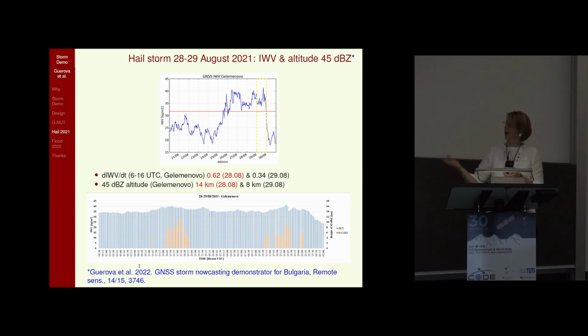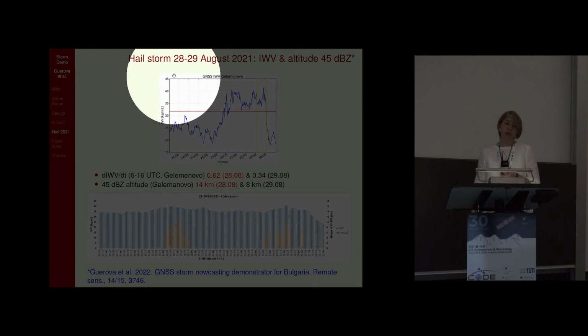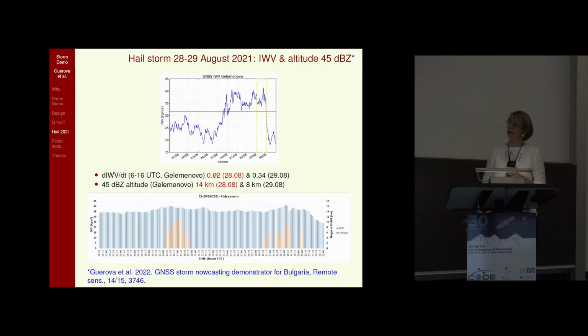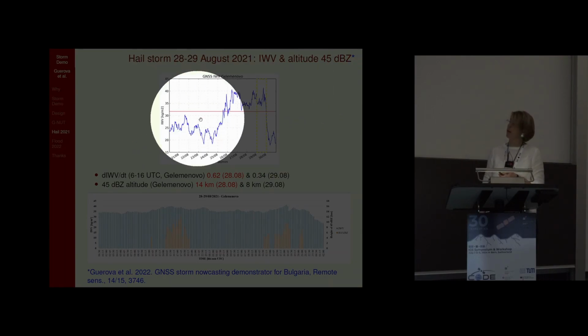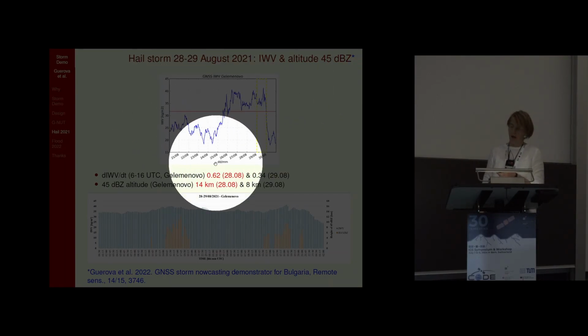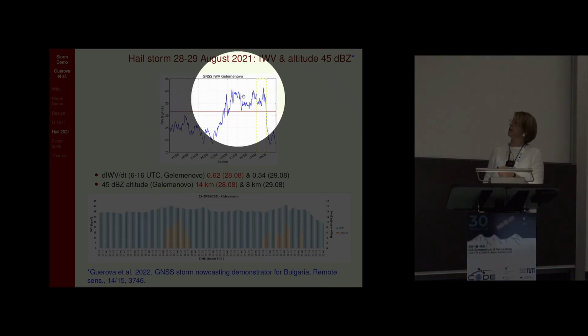So it is for May, June, it's quite consistent result. This demonstrator actually was developed as a part of the ESA-funded project, and we actually did also one case study with the hailstorm on 28th of August.